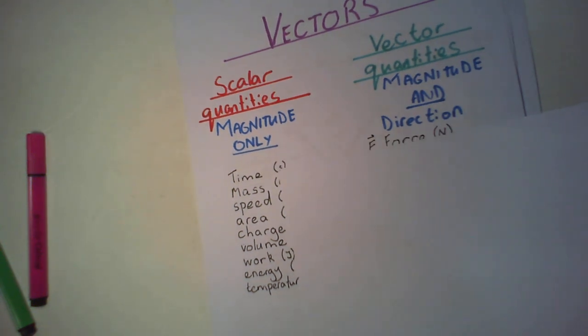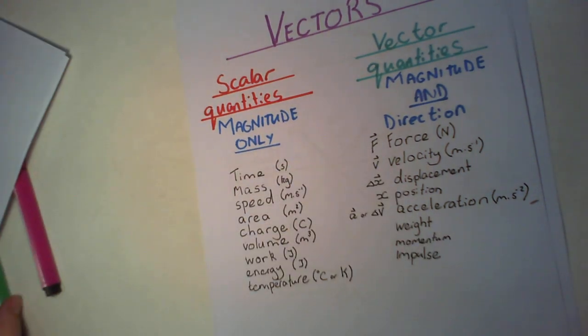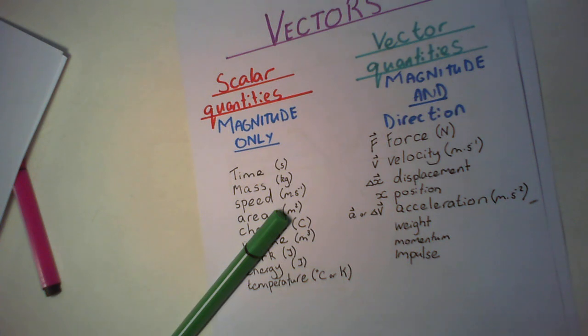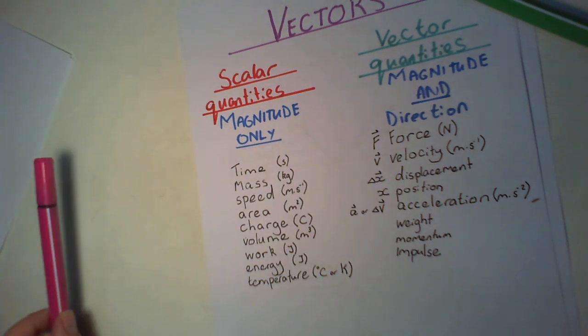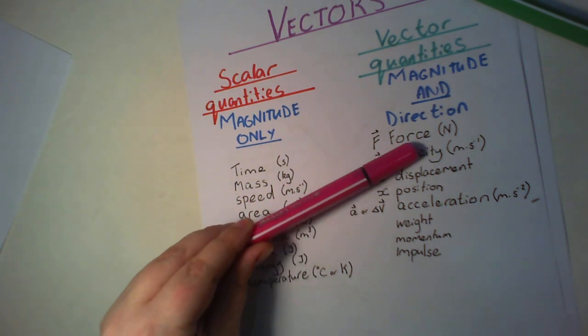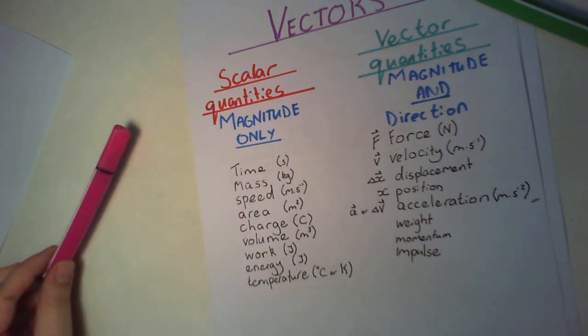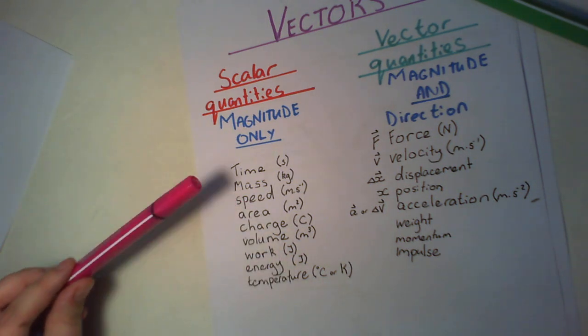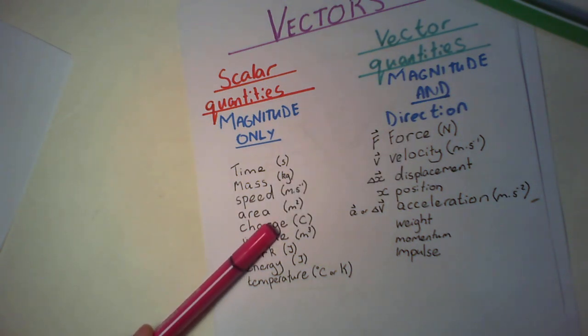As for vector quantities, we have things like force. If I push an object with some force, it goes somewhere in a certain direction. I have velocity, which is very similar to speed, but speed has a magnitude, think of the speedometer on your vehicle, and velocity has a magnitude and a direction.